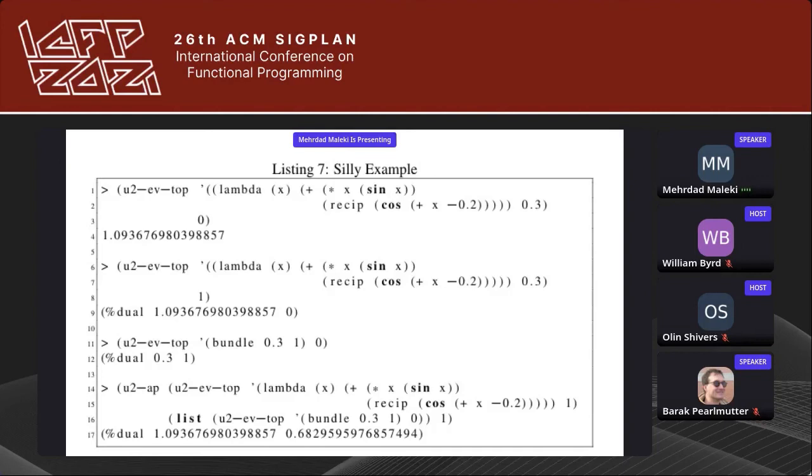But if we apply this function on the dual number 0.3 plus 1 epsilon, it gives us a dual number where the primal part is the value of the function, and the tangent part is the value of the derivative of the function at the point 0.3.